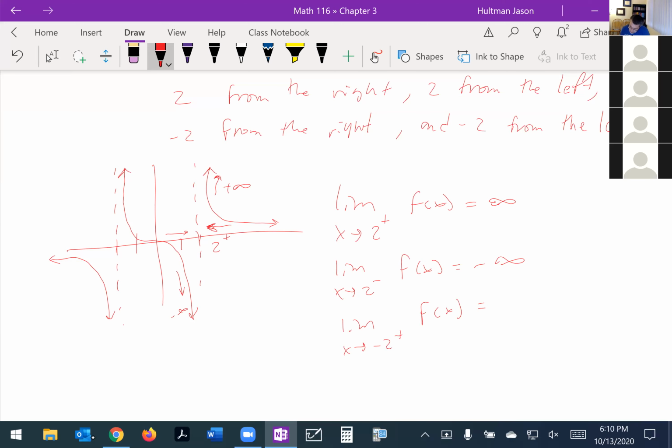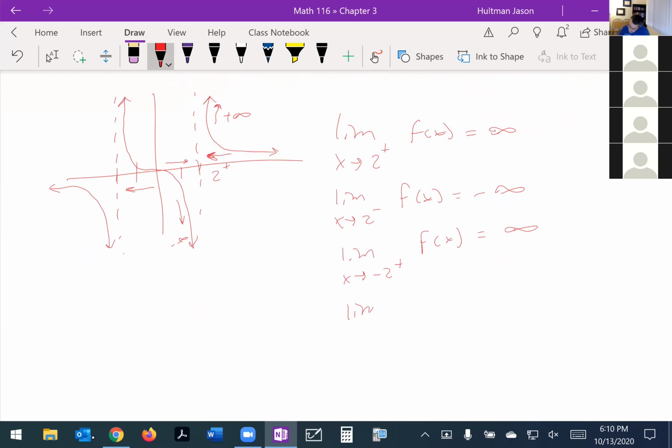As this approaches -2 from the right, that's going to positive infinity. And what about the limit as x approaches -2 from the left? As it approaches -2 from the left, the y values are going down, and so they're going to negative infinity.